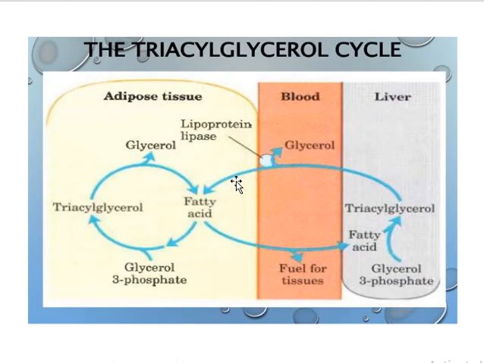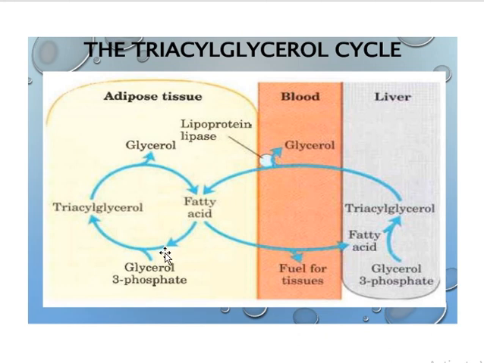Now this diagram shows how the triacylglycerol, which is synthesized in the liver from glycerol 3-phosphate and fatty acid, moves to blood, and then in the blood lipoprotein lipase hydrolyzes this triacylglycerol into free fatty acids and glycerol. These free fatty acids are taken up by the adipose tissues.